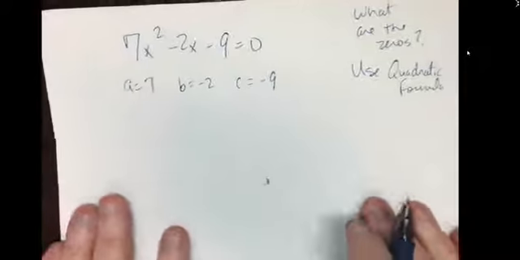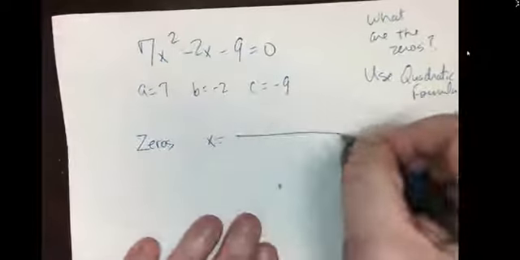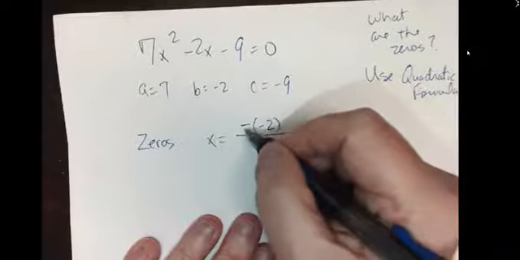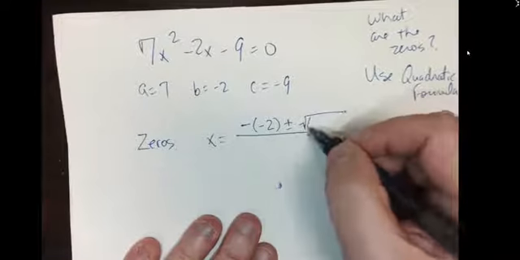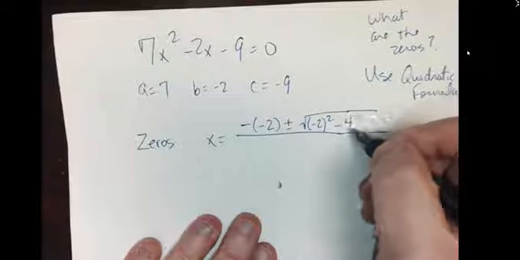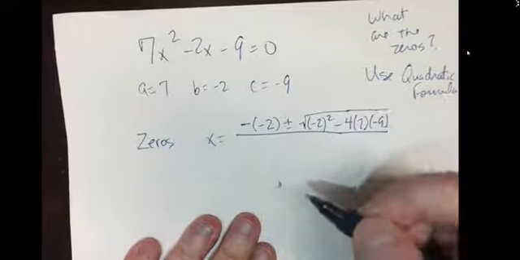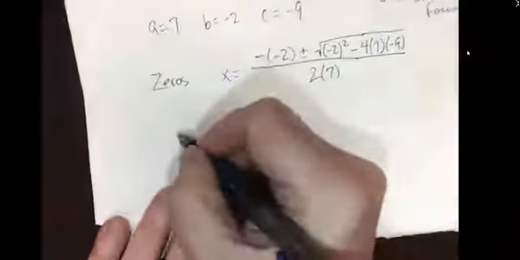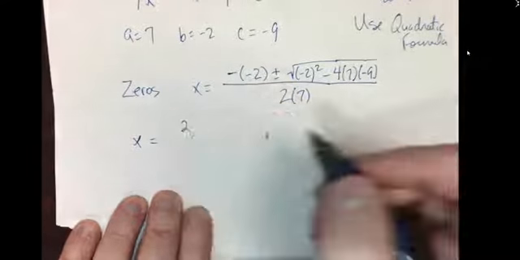And so the solutions to this, the zeros, are going to be x is equal to -b plus or minus the square root of b squared minus 4 times a times c, all divided by 2a.